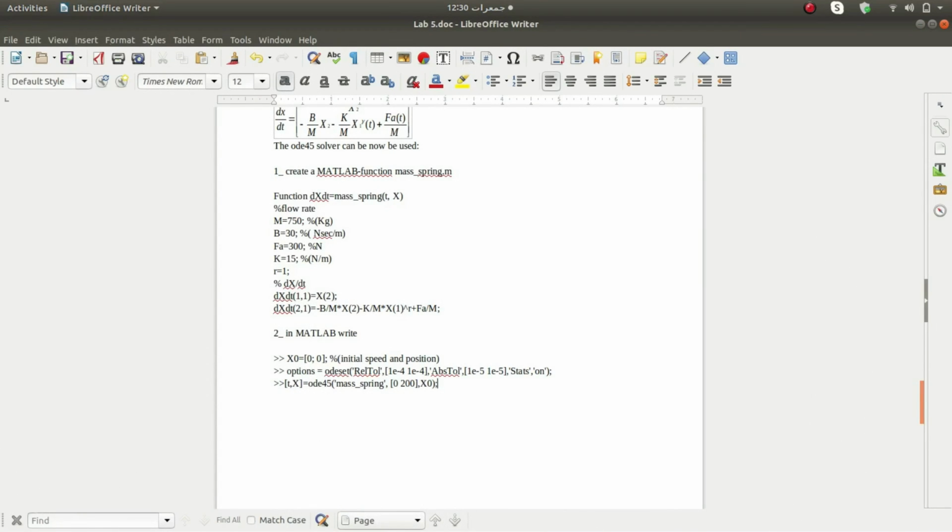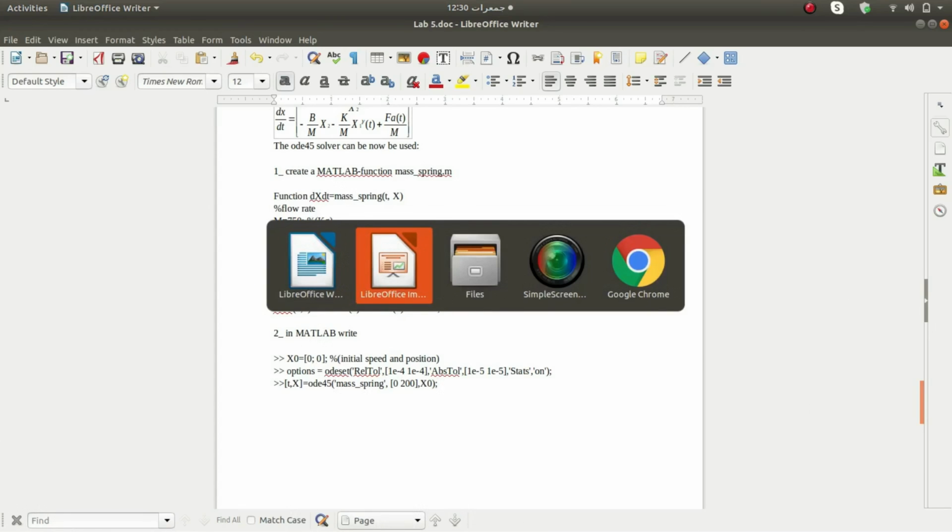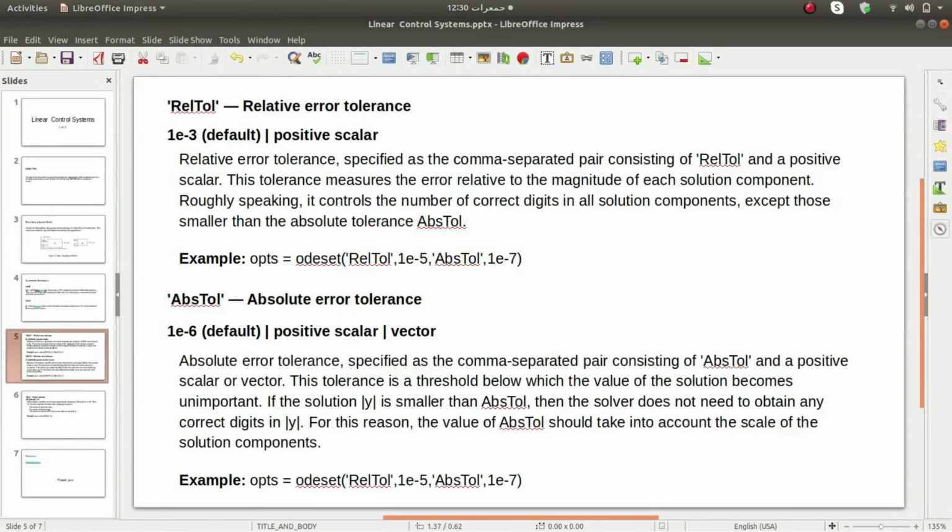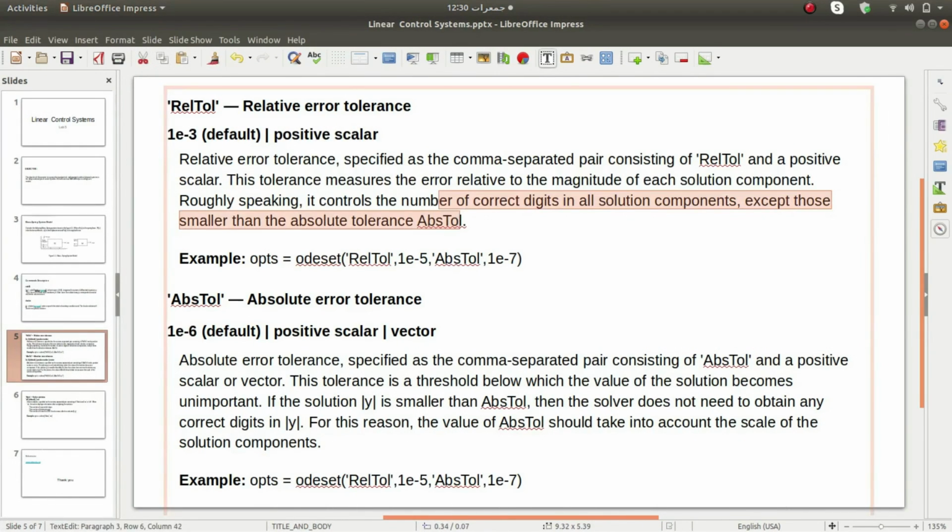The relative tolerance controls the number of correct digits in all solution components, except those smaller than the absolute tolerance. So it will consider all the values correct which are not smaller than the absolute level.